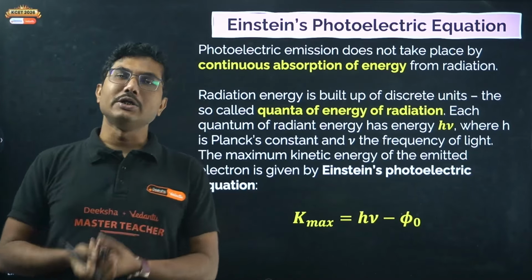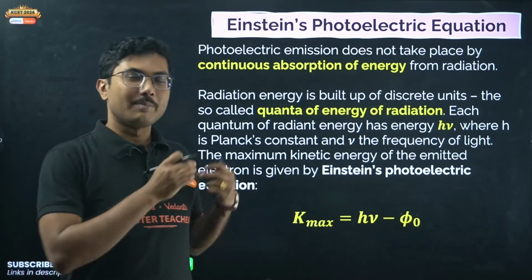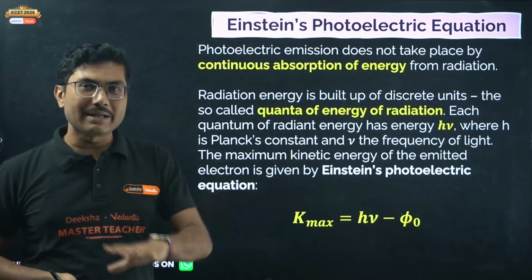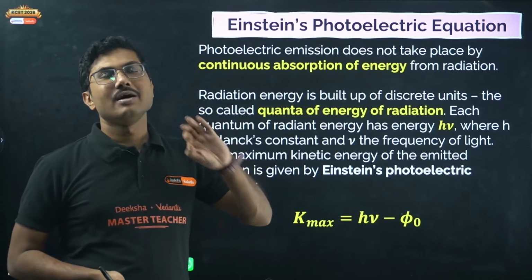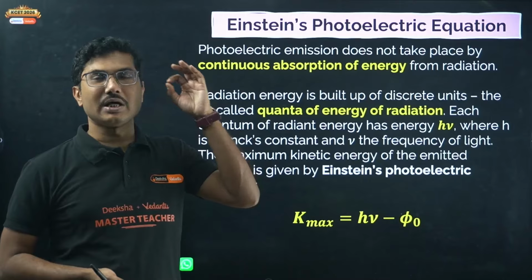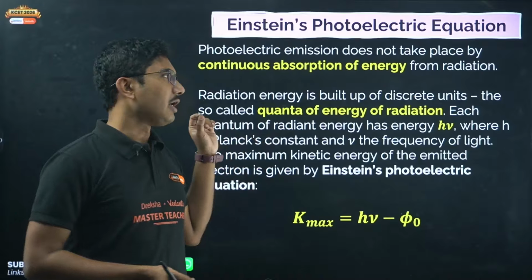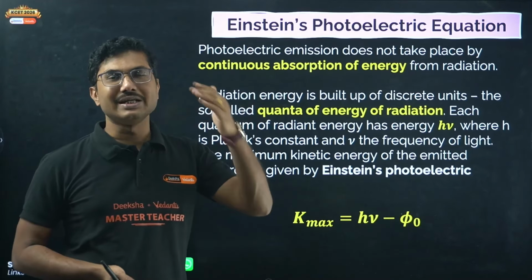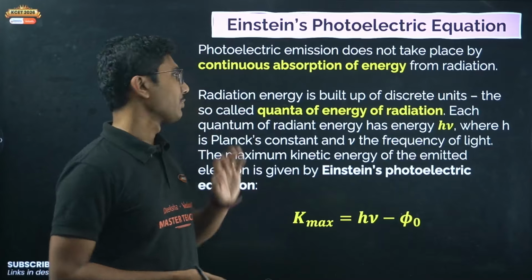That is continuous absorption of energy. But when metals are subjected to light, it does not follow the same process as thermionic emission. Thermionic emission is continuous absorption, whereas photoelectric emission is not. It is not continuously eating energy.